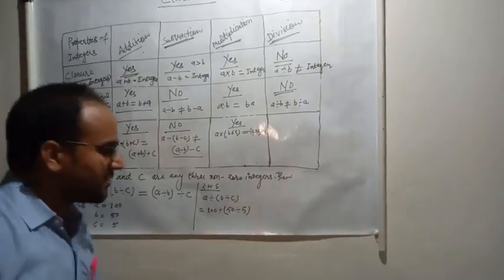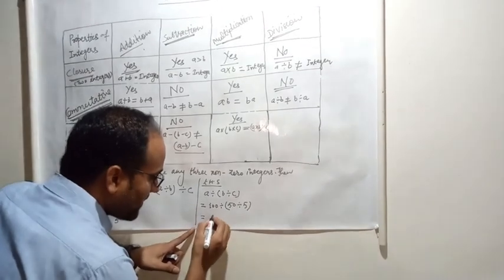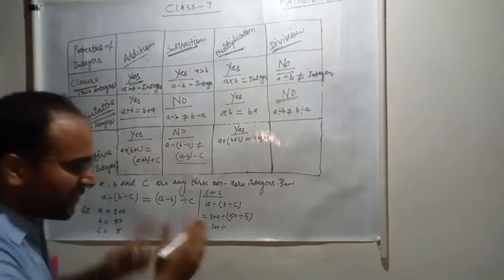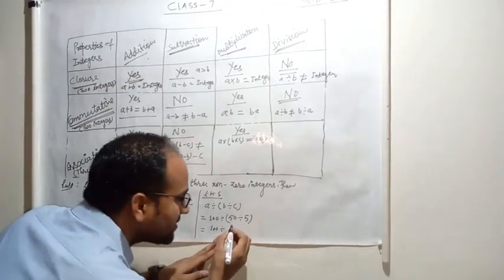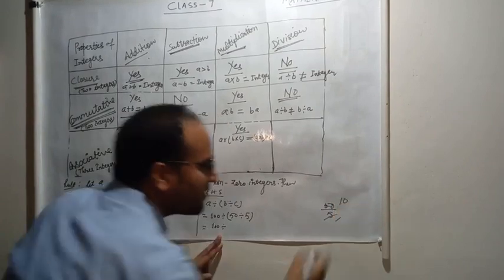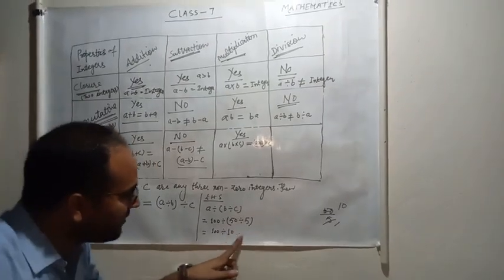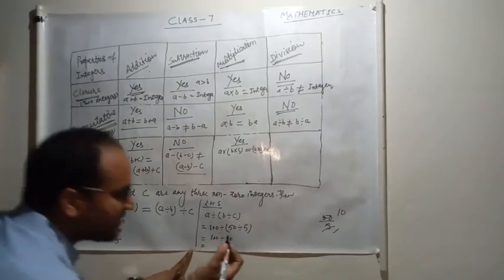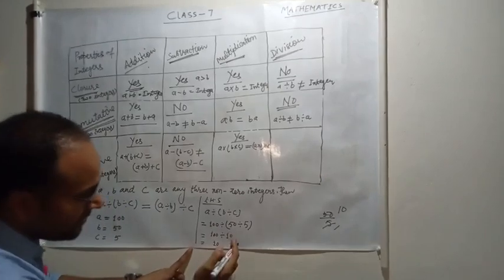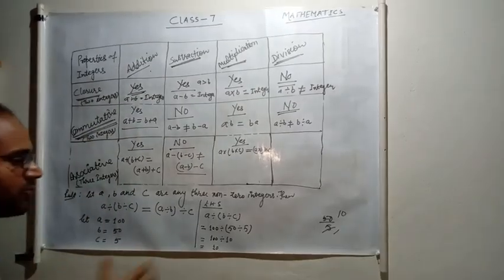First we solve this bracket. 50 divided by 5, 5 tens are 50, you will get 10. So we write 10, and 100 divided by 10, you get 10. Left hand side you will get 10.